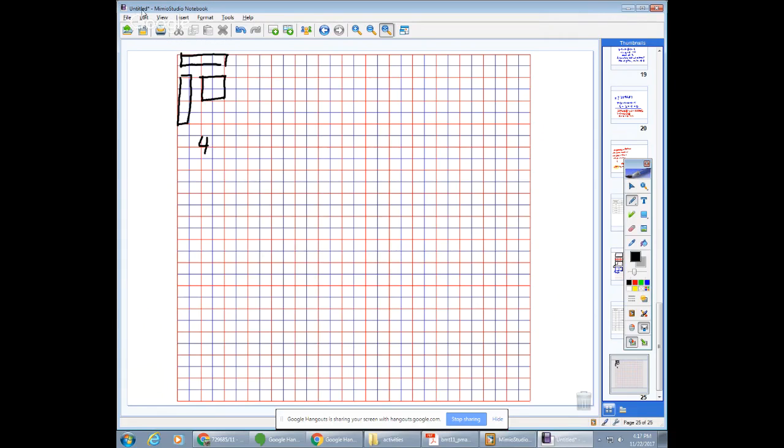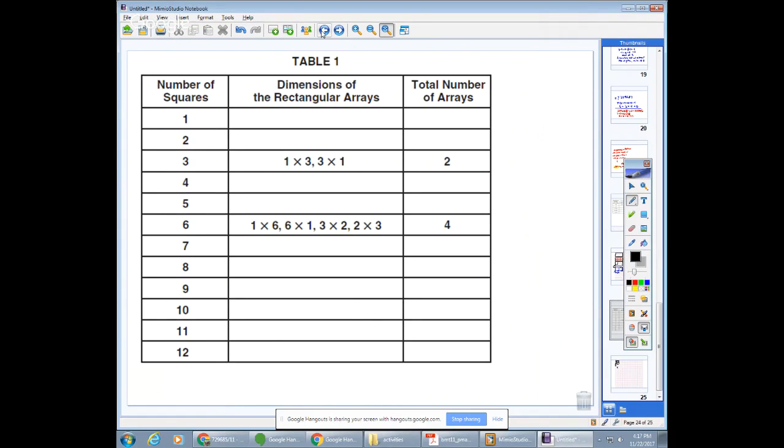Which other ones didn't they do here? Did they do 6? They did 6. 5, what do we got? 5 could be a 1 by 5, or it could be a 5 by 1.